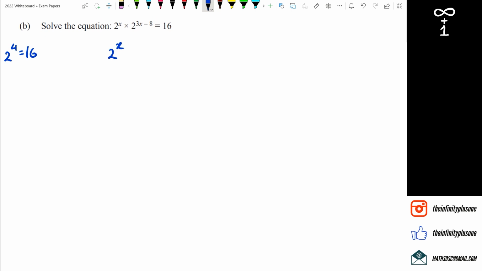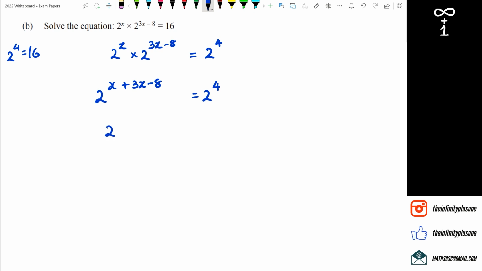So we've got 2^x multiplied by 2^(3x - 8) equals 2^4. Now, the second part is I'm going to combine the bases on the left-hand side. And when you're multiplying with the same base, the powers get added. So we're going to get 2^(x + 3x - 8) equals 2^4.